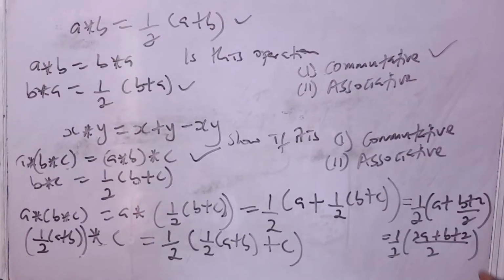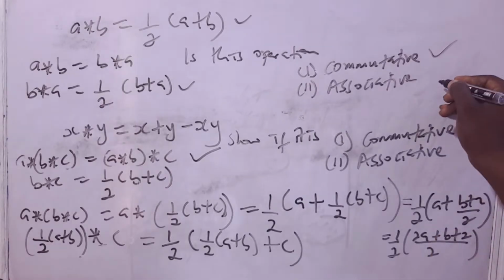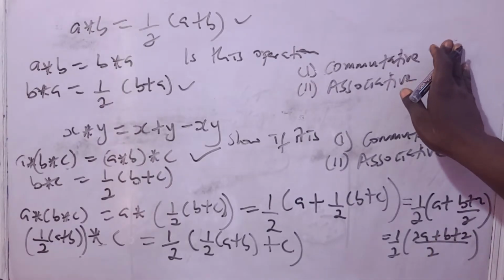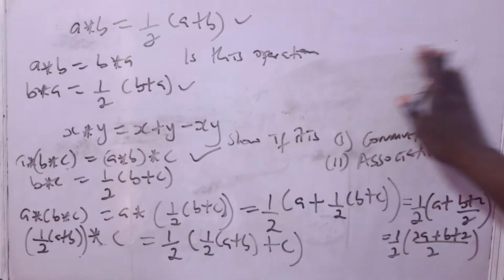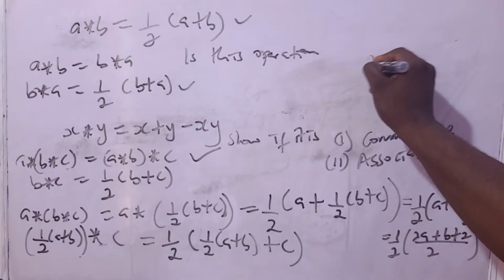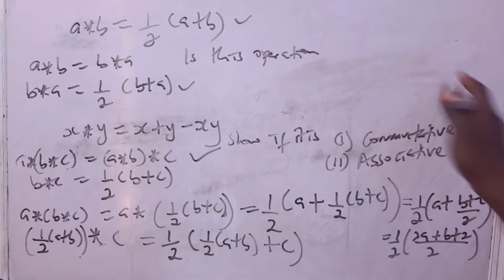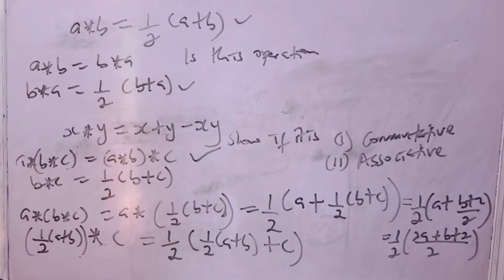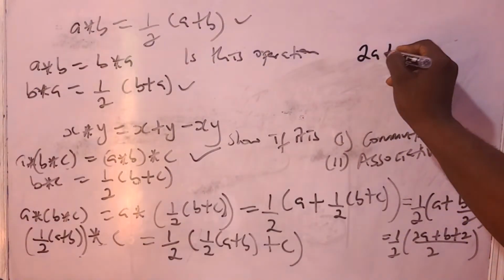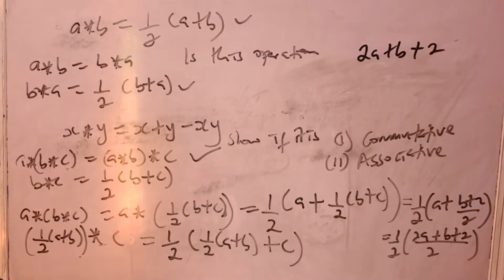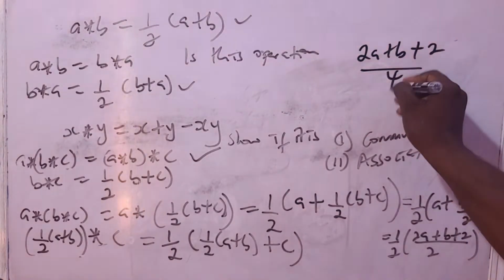All right, so of course this will give me 2a. Sorry, let me take this off. This will give me 2a plus b plus c over 4.